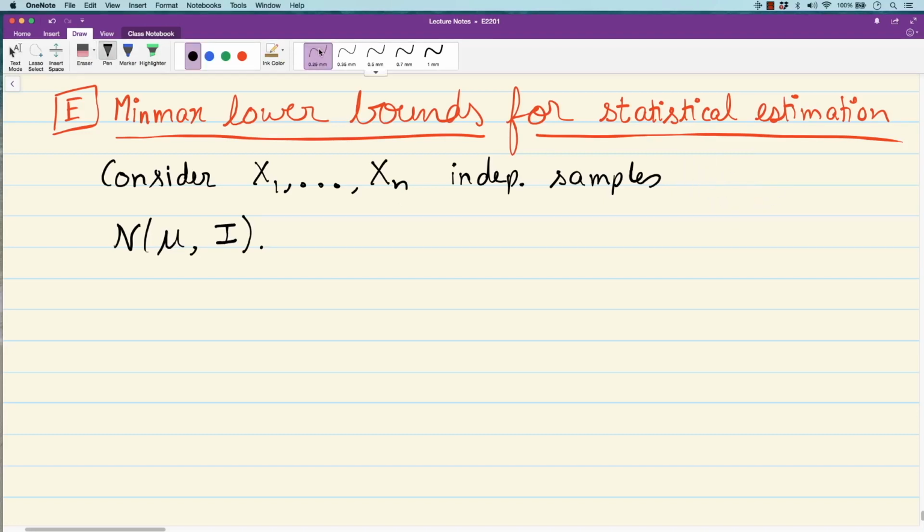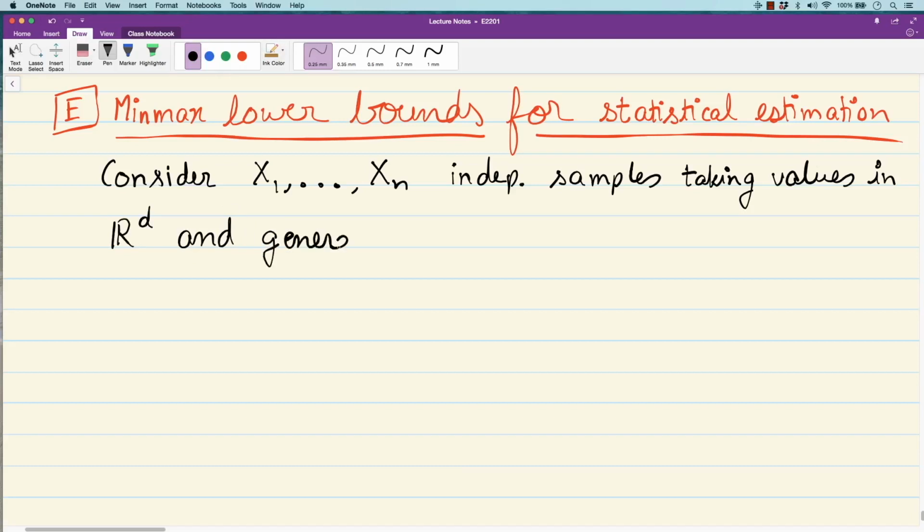Let me specify a dimension. So independent samples taking values in R^d, so d-dimensional samples, generated from this Gaussian distribution with mean mu and covariance matrix I. So this is called the spherically symmetric Gaussian distribution.